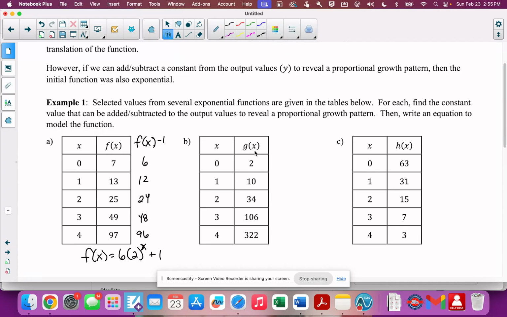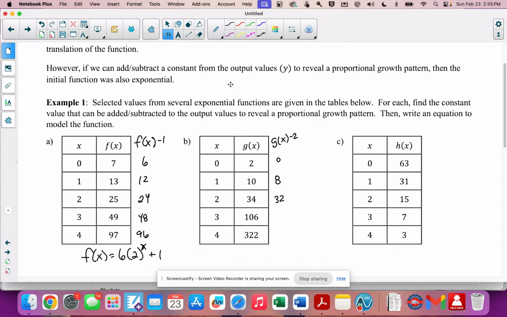All right, so if we subtract 2, let's see that. I'm going to get 0, 8, 32. Well, that would work. 8 times 4 would be 32, but 0 times nothing is going to give me 8. So that's not going to work. All right, so let's try adding 2 and see if I can find a pattern that will actually show me what I'm doing.